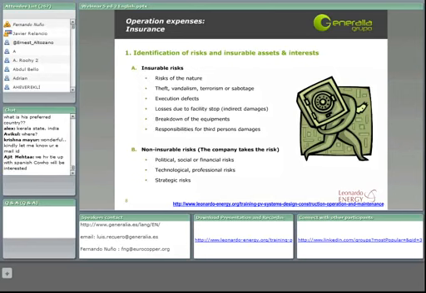Another non-insurable risk would be the technological or professional risk. For example, if we have chosen a non-mature technology like a high concentration technology and the performance that we are getting from our solar plant is lower than the one that we had expected. Finally, another kind of risk would be the strategic risks.